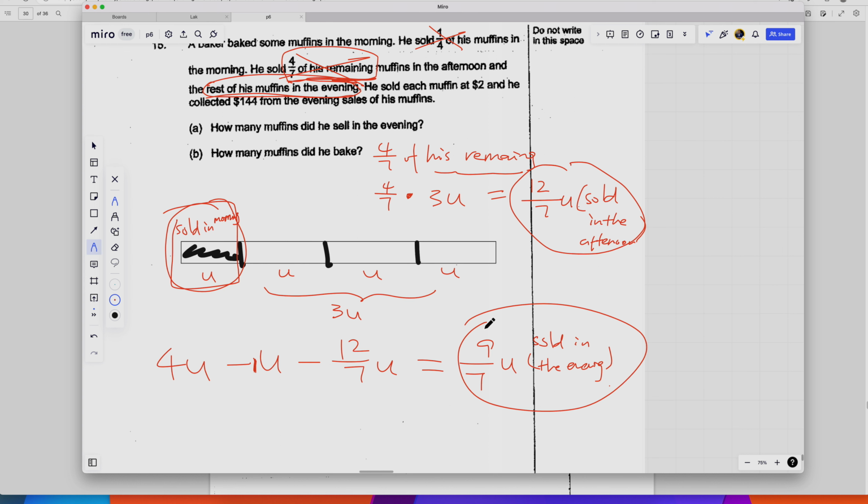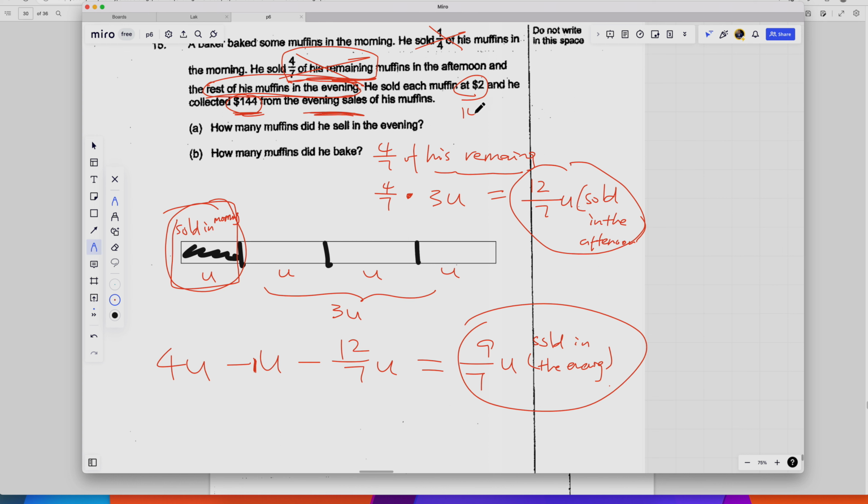Then they say he sold each muffin at $2. And he collected 144 from the evening sales. So that means $2 one muffin, $144. So how many muffins in the evening?